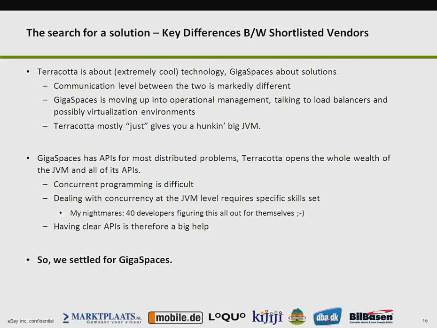So GigaSpaces was talking about, okay, how are we going to interface with load balancers, with virtualization environments, etc. So how are we going to make your operational life easier? And Terracotta was mostly about, okay, how are we going to give you a huge, big JVM, which is virtual, distributed, and seems to operate like a single one. And then all the rest of it, you basically still need to solve yourself.